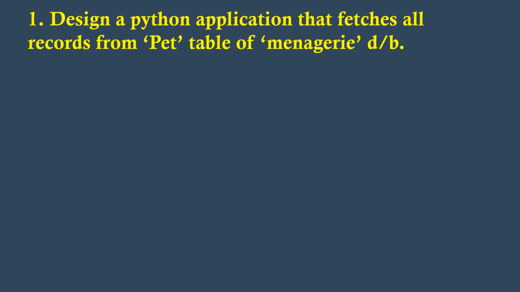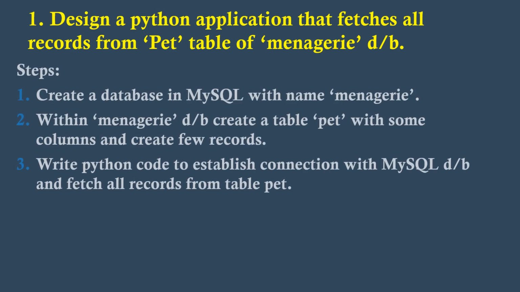Now we will discuss the type B questions. The first question is, design a Python application that fetches all records from the PET table of the Menagerie database. So here you can see, first of all, you have to follow these steps. First thing is to create a database in MySQL with the name Menagerie.